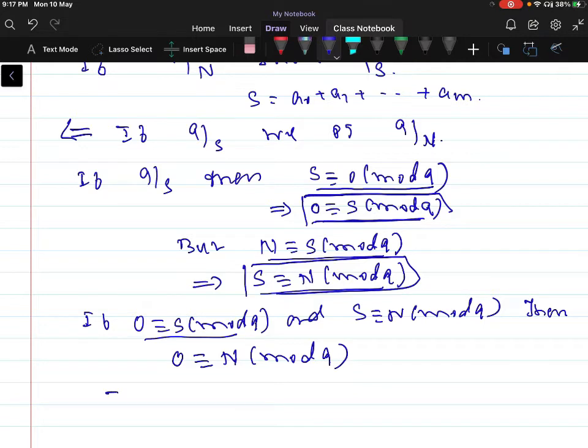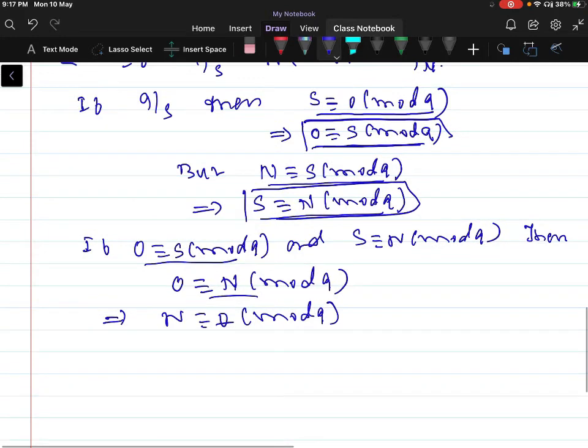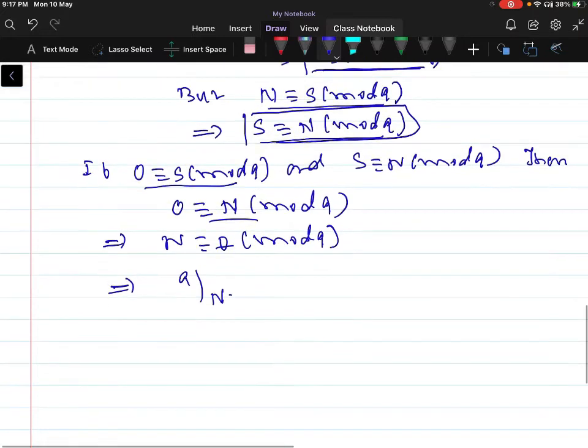So this implies n is congruent to 0 modulo 9 by using symmetric congruences. So this implies 9 divides n. Therefore, you can conclude that if 9 divides s, then 9 divides n also.